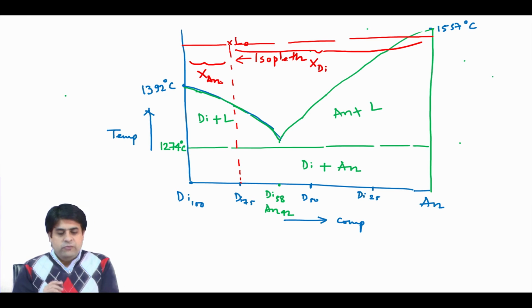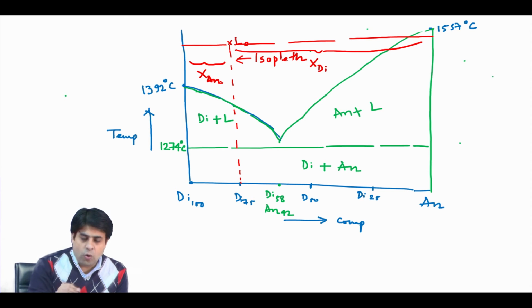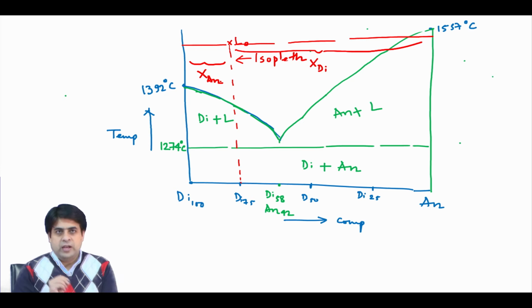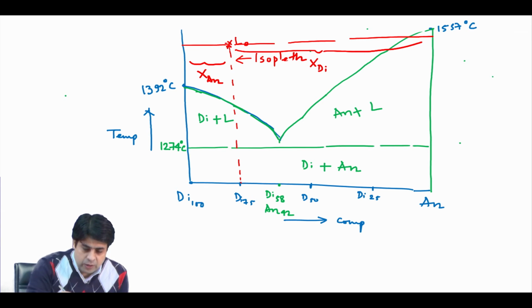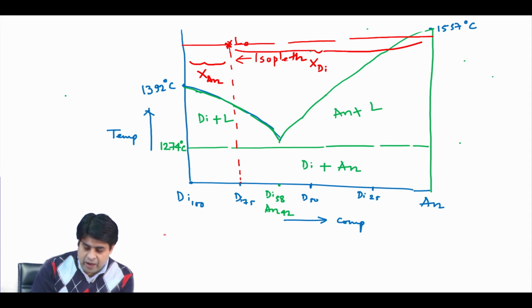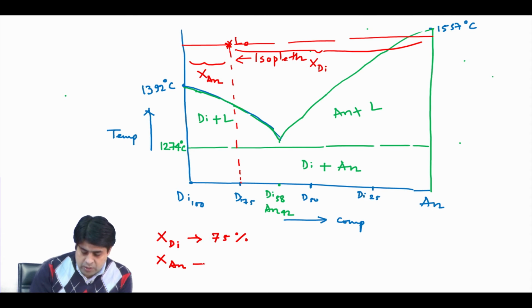The composition of this L0, the liquid or the melt, which has a point here: the diopside proportion in this liquid is 75%, and the anorthite proportion is 25%.